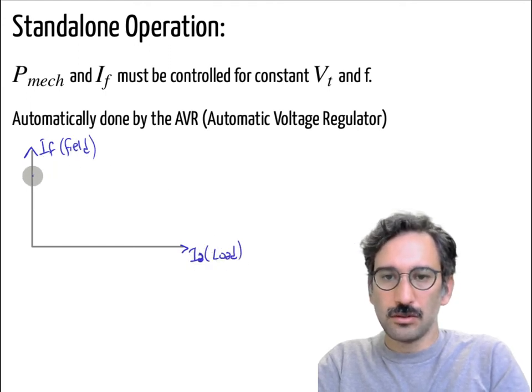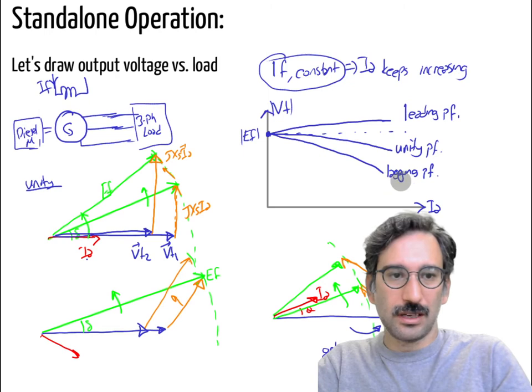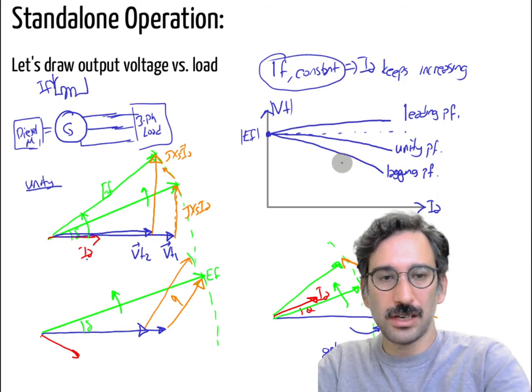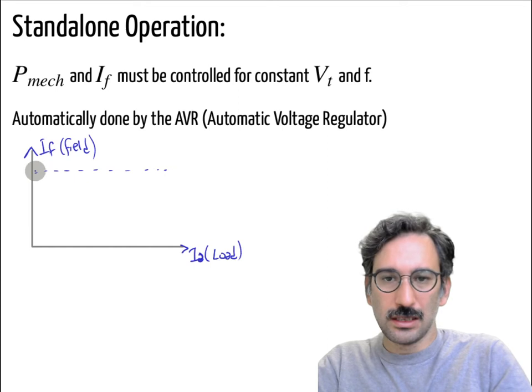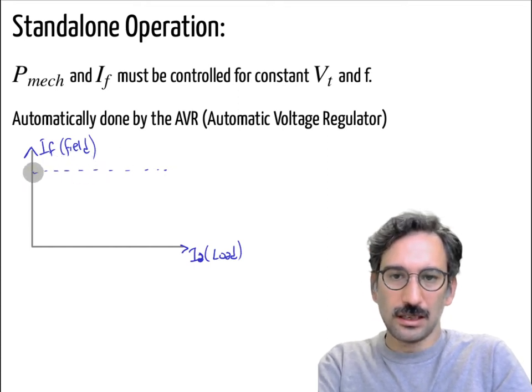Okay, so again, if you look at what will happen with IF constant with the lagging power factor, as the load increases, I have the largest reduction in EF. So somehow I need to compensate for that. So that means I need to increase IF as the load increases for lagging power factor.